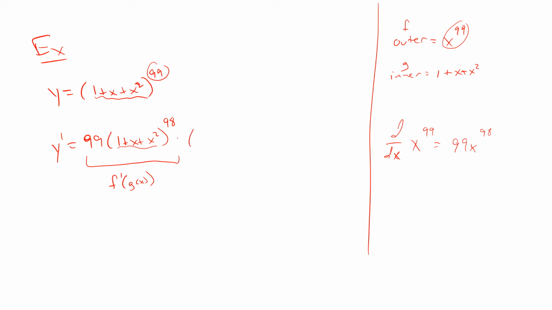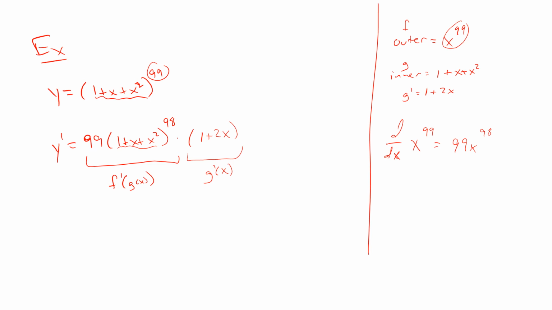If this inner function is g, then g prime would be, let's see, the derivative of 1 is 0. The derivative of x is 1. The derivative of x squared is 2x to the first power. Some more power rule derivatives. So g prime, the derivative of the inner function, is just 1 plus 2x. That would be our g prime of x.